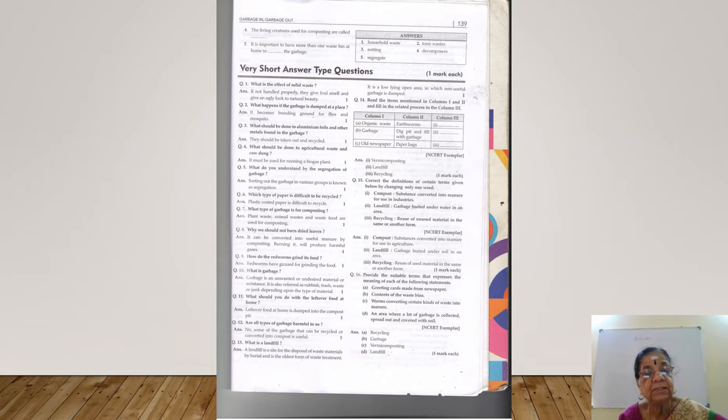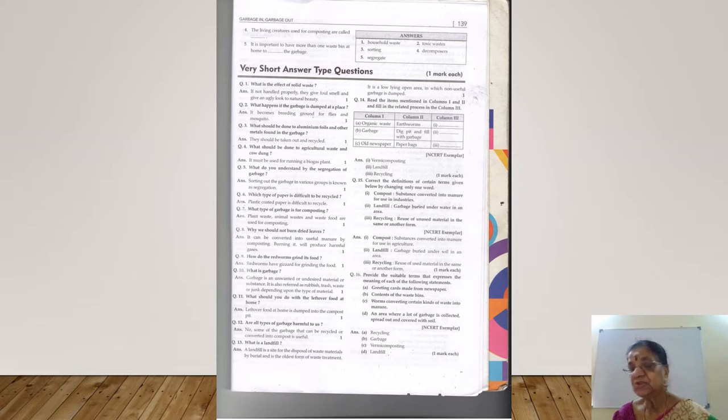Okay. Then சில short answer type questions பாருங்க. What is the effect of solid waste? If it is not handled properly, it gives a foul smell. Then what happens if garbage is dumped at a place?